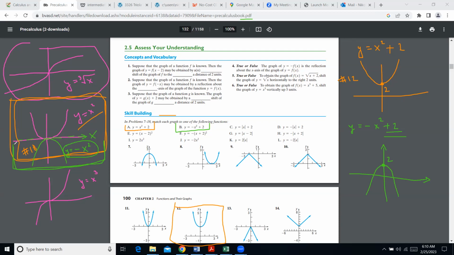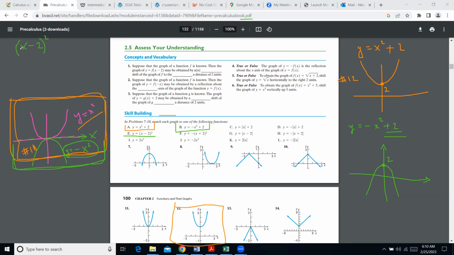Well, it turns out, besides moving your graphs up or down, you can also move your graphs to the left or to the right. So I just want to work with parabolas today so we get used to them better. And I want to take a look at exercise number E here that says (x minus 2) in the parentheses squared.